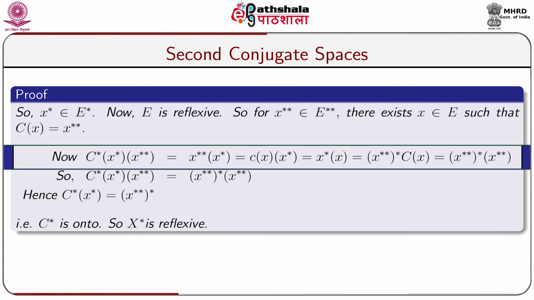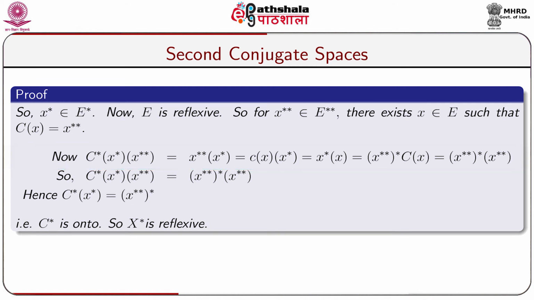Now, C star of X star of X double star equal to X double star of X star, which is equal to Cx of X star, which is equal to X star of x, which is equal to X triple star of Cx, which is again equal to X triple star of X double star.